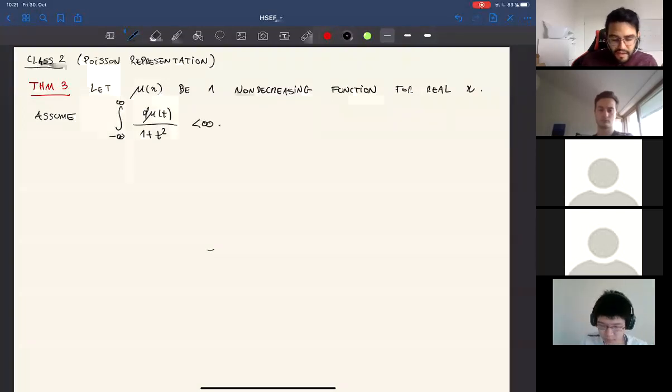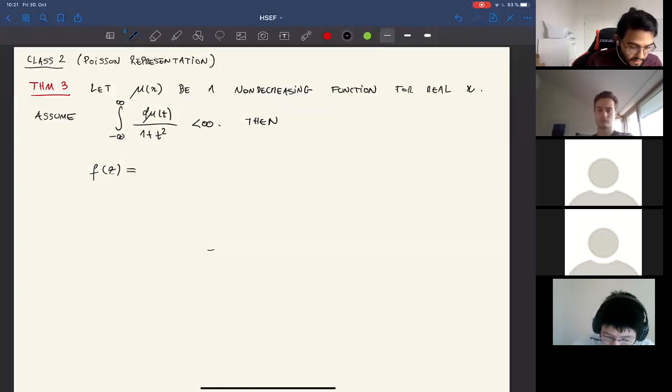So we assume that it integrates when we divide by something like t squared. Then you define a certain function, let's say f of z equals, using the same formula we used in the last class for theorem 2.